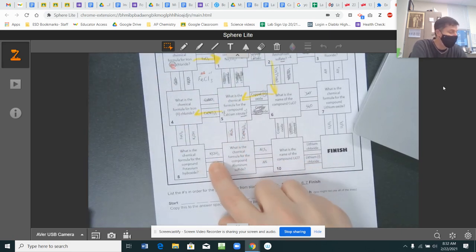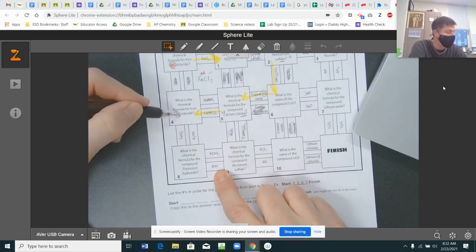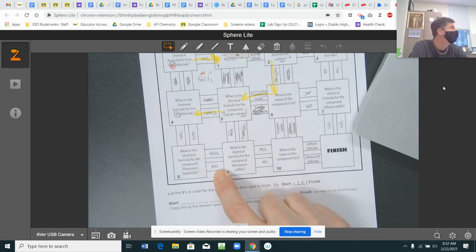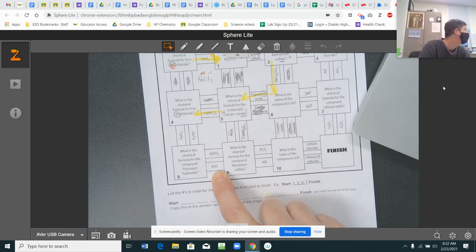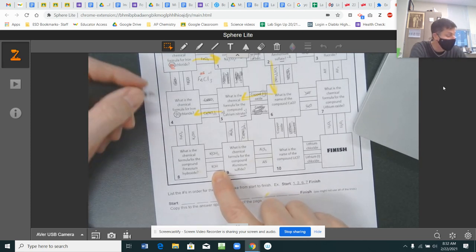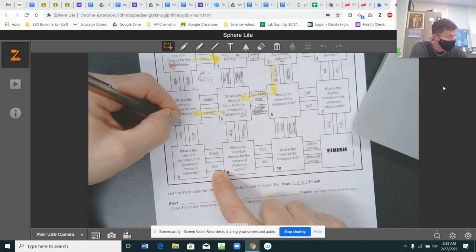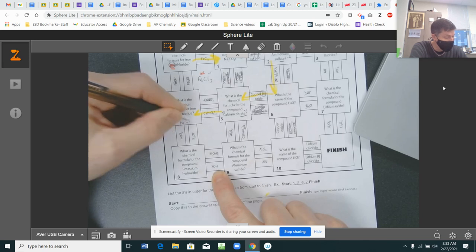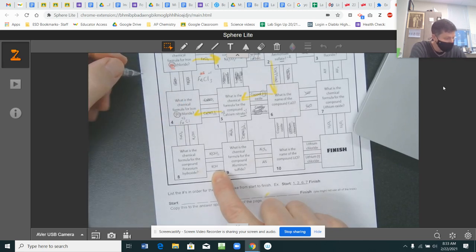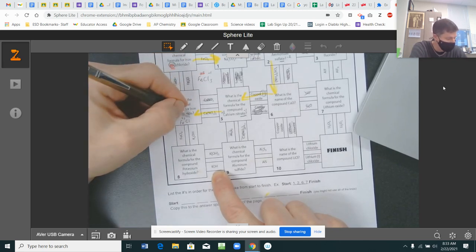Okay, iron 2 chloride. So once again, what does that Roman numeral tell me? The charge of the iron. That means that iron is going to be a +2. And the charge of the chlorine is? Same as it was up here, -1.